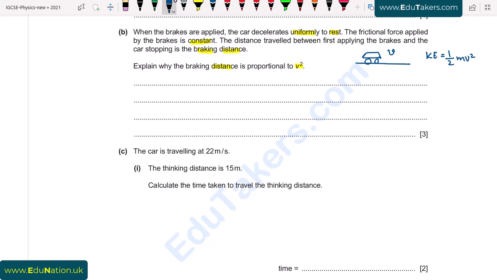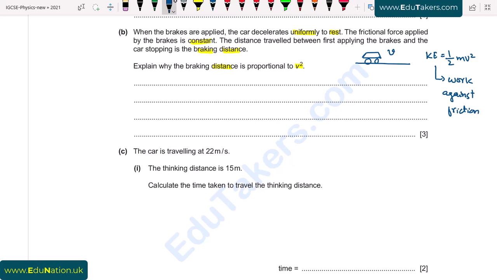So when he sees the obstacle, he applies the brake, and after some time the car comes to rest. Then some of the energy, that is the kinetic energy, is used to work against the friction, because there is also friction and the car has to stop. That's why some of this kinetic energy is used to do work against friction, so that the car comes to rest.